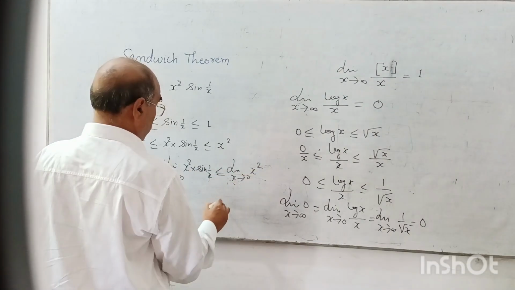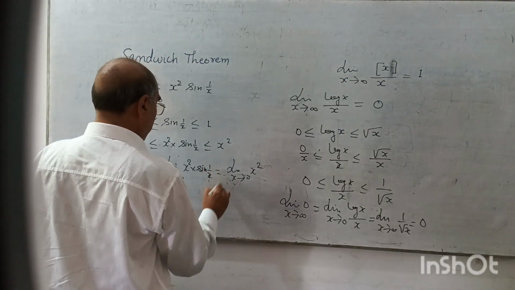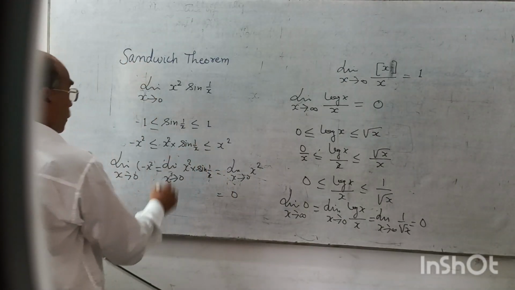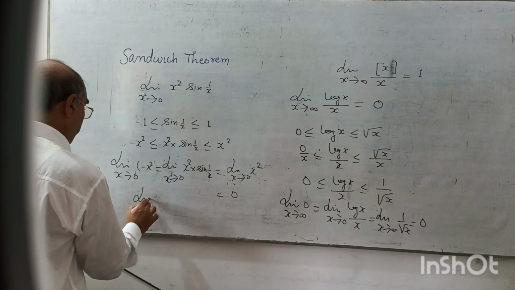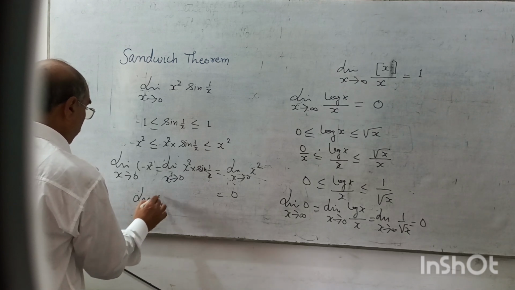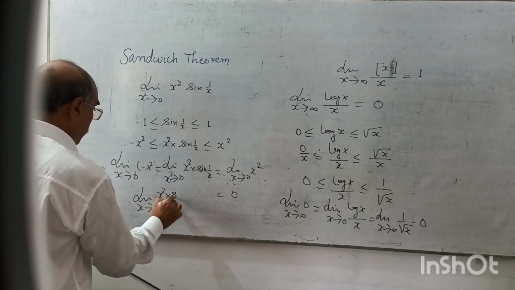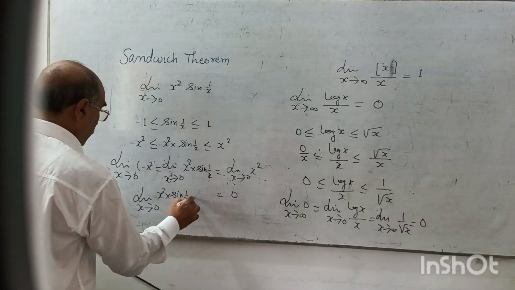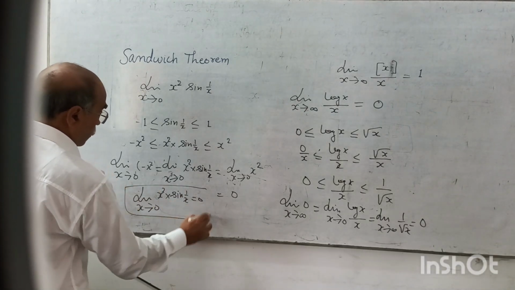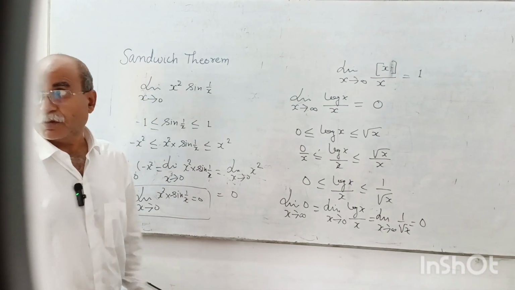Whenever you substitute x square here, this will be 0. So that's why we always use it as a formula: the limit as x tends to 0 of x square into sine 1 upon x is 0. So students, I hope you will enjoy this. Thank you very much.